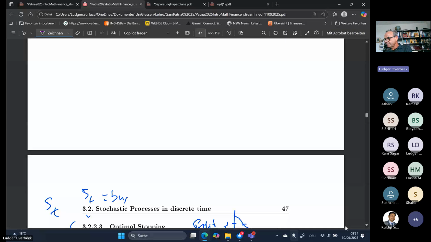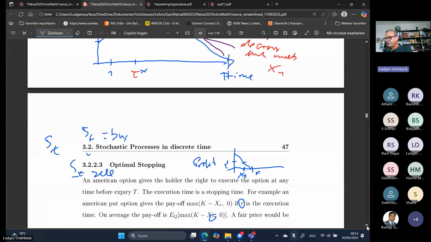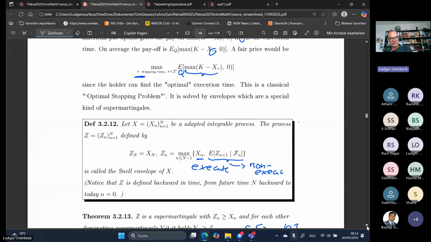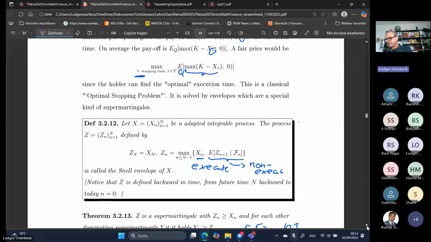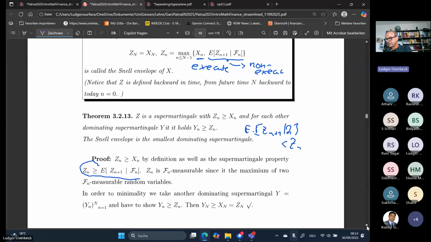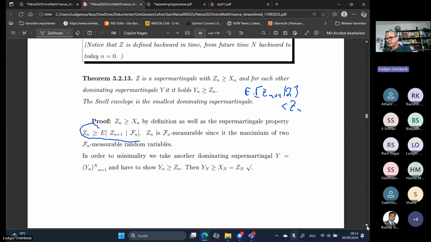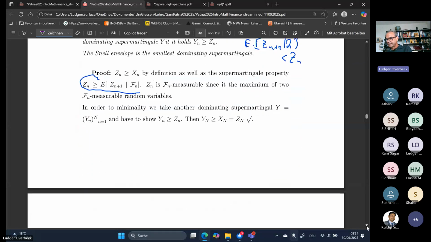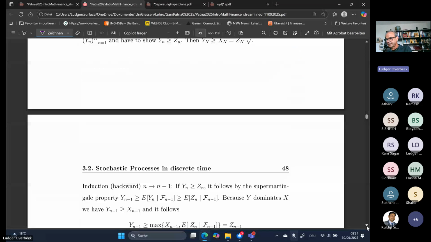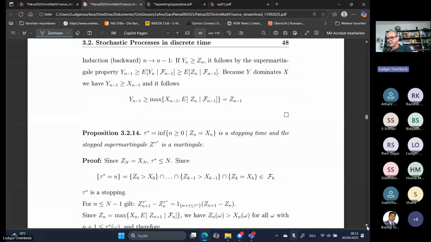Of course, in a deterministic world, it's a very complicated way to find this time, the index where the function, it's an arg min of the max in analysis. But in stochastic analysis, it will be the Snell envelope. And so this tau star we want to find.